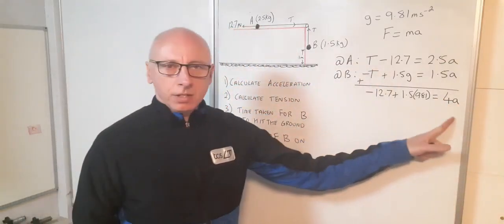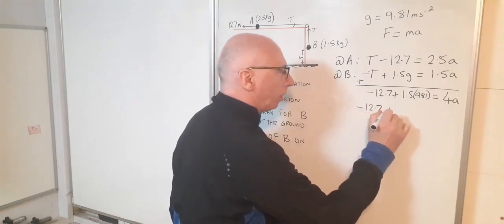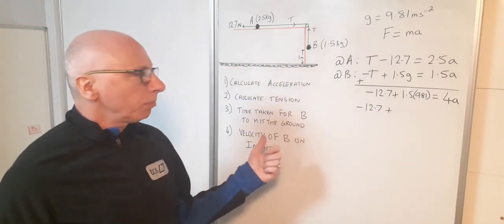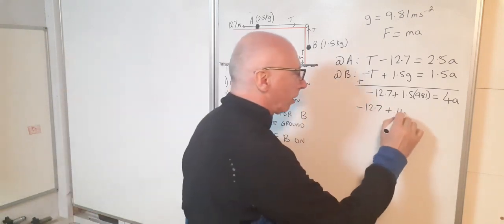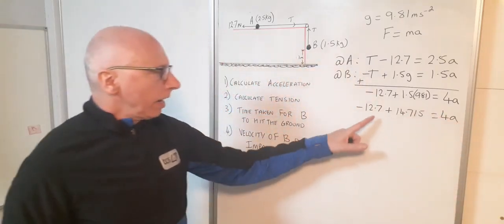Now let's simplify this a little bit. Minus 12.7 plus 1.5 times 9.81 gives me 14.715, and that equals 4A.